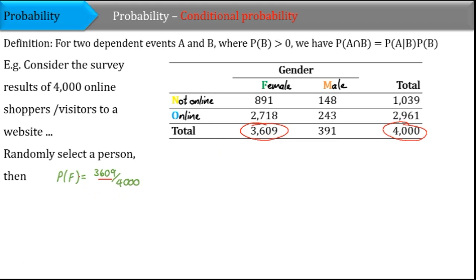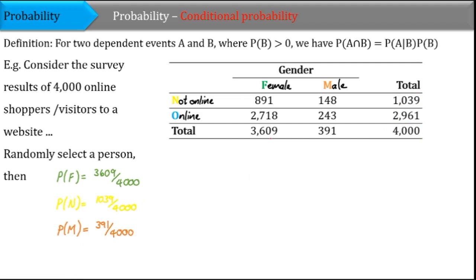And please take note that this probability should in actual fact, strictly speaking, be approximate. Because these are relative frequencies, it's based on a sample of 4,000 people that visited the website. It's obviously not everybody that has ever visited the website. Right, probability of getting somebody that doesn't shop online, well, that's obviously just going to be 1,039 divided by 4,000.